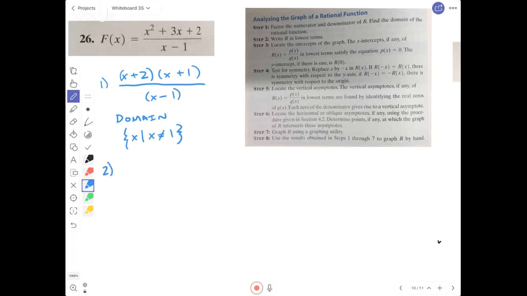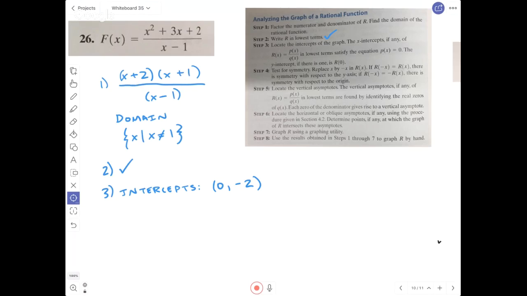Step 2. It is in lowest terms. Check. There's nothing to cancel. Step 3, locate the intercepts of the graph. Well, if I plug in 0, I've got 2 over negative 1, which is negative 2. So 0, negative 2. And then if I plug in negative 2, I will get 0.